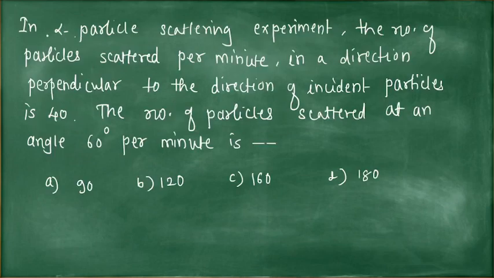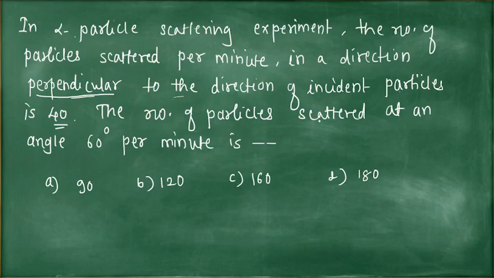This one is different. In the alpha particle scattering experiment, the number of particles scattered per minute in a direction perpendicular to the direction of incident particles is 40. That means at a scattering angle of 90 degrees, the alpha particles are 40 per minute.